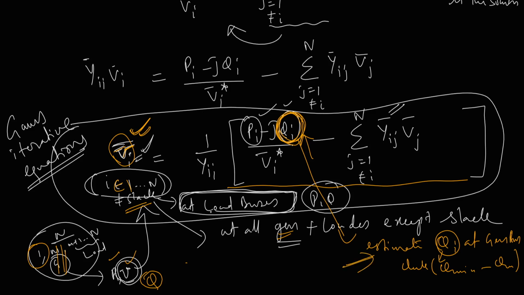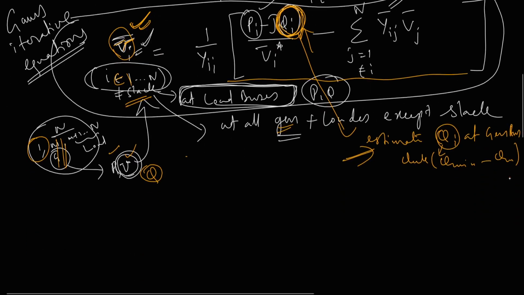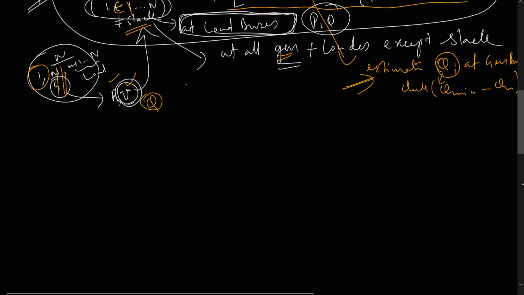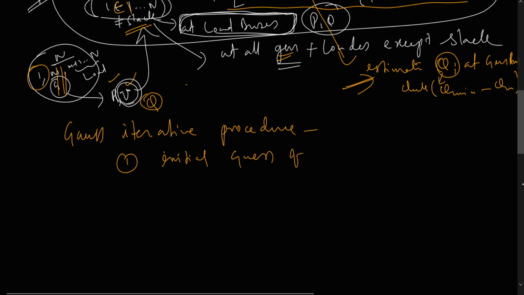Okay, now this is an iterative procedure. How do we approach it actually? Because this is a Gauss iterative procedure, the first step is we need to have the initial guess of voltages or solution.